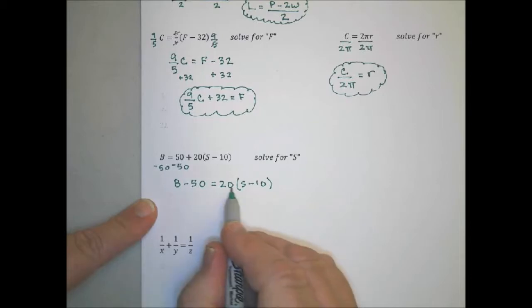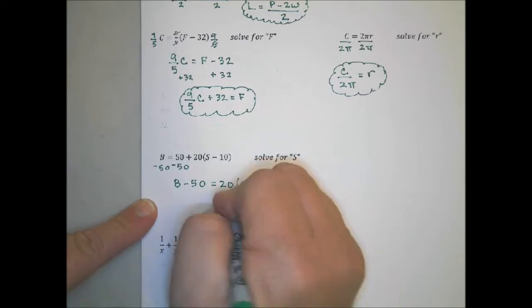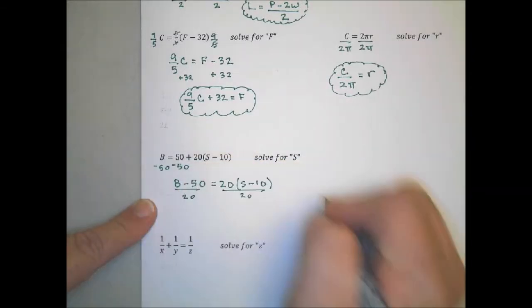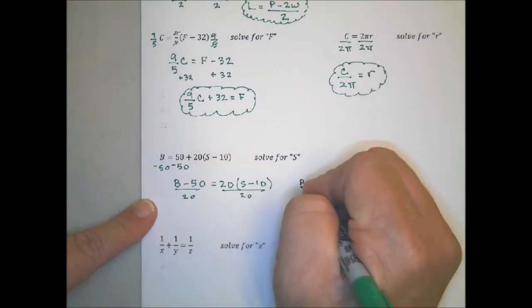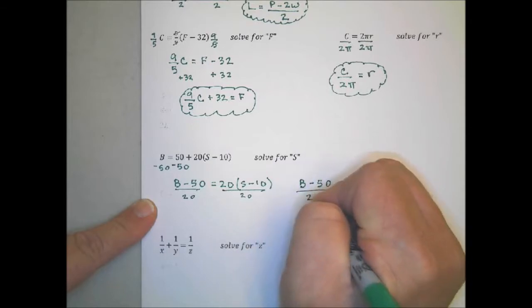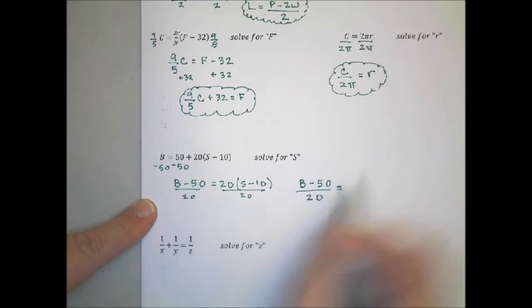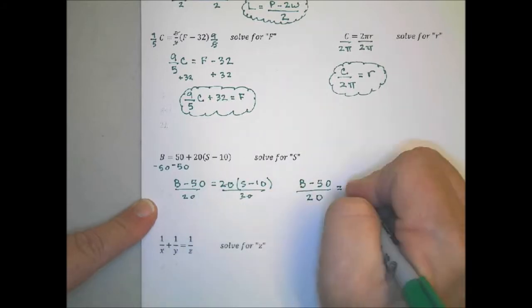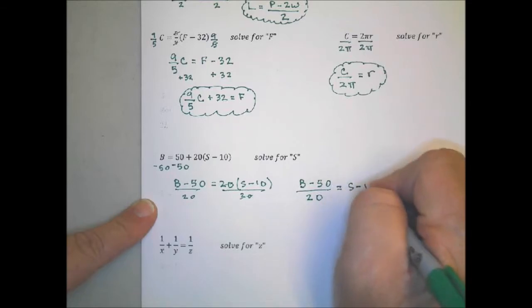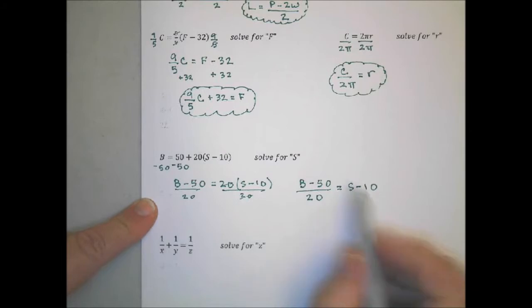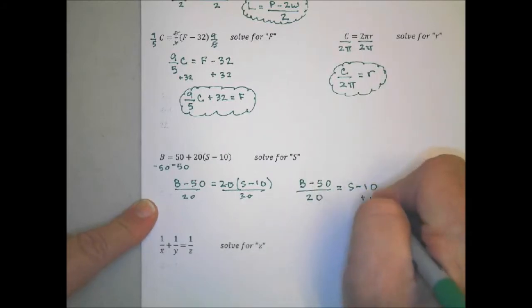Now, the next thing I'm going to do is I'm going to get rid of that 20. So I'm going to divide both sides by 20. And that gives me B minus 50 over 20 equals, now the reason I divided by 20 was to get that 20 to go away, and I'm left with S minus 10. So now I'm only one step away from having S by itself, and that would be add 10 to each side.